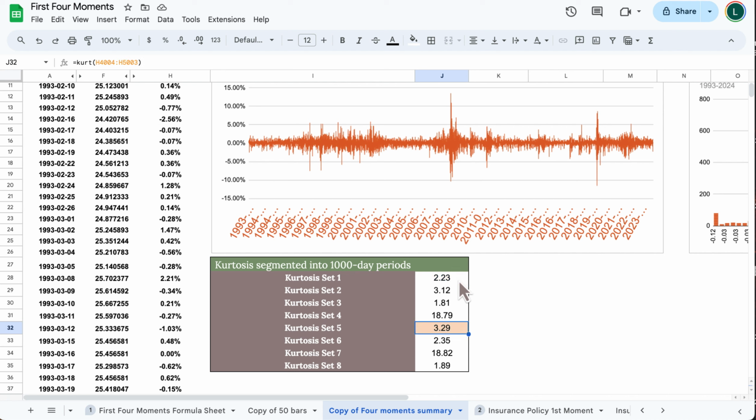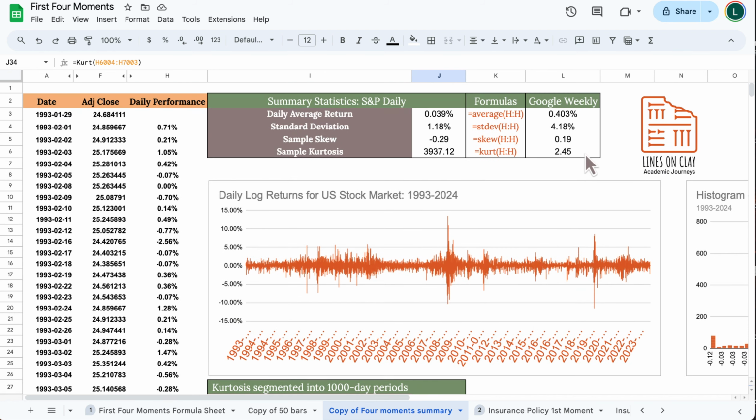And it definitely calmed down. There were 2 periods during the financial crisis and the pandemic where kurtosis went bonkers again, but it's still nothing like 4,000. The other thing, and I had this weekly data on hand, so I calculated it really quickly, and the fact that it was weekly data as opposed to daily data, I think, made a difference. There is still positive excess kurtosis, fat tails, but it's nothing like 4,000.